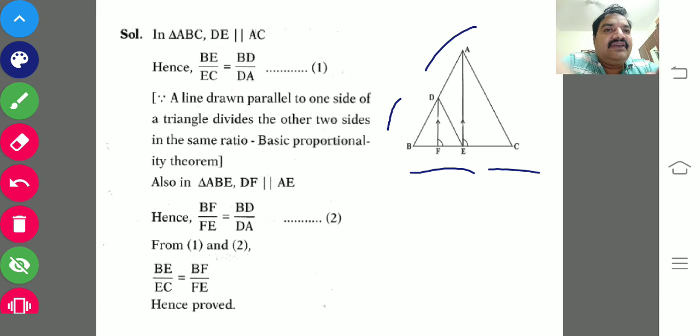That is only it is given. A line drawn parallel to one side of a triangle divides the other 2 sides in the same ratio or proportional, what we have discussed. So BE by AC equals BD by DA. That is the first equation.